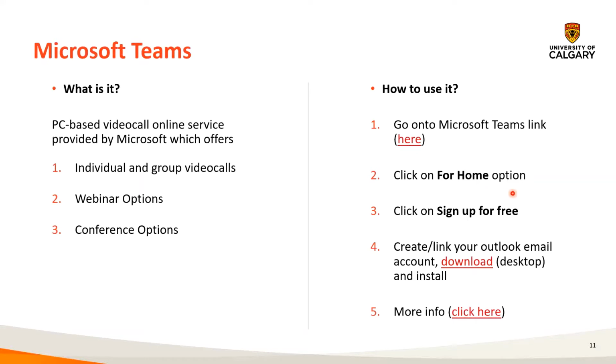You click on the free option button and click on sign up for free. This procedure is a little bit more complicated or trickier than on Zoom, and after that you either create an Outlook email account if you don't have one, or link it to your email account and download the software onto your computer. Then you install it. There is more information on how to do that on this link that I provide.